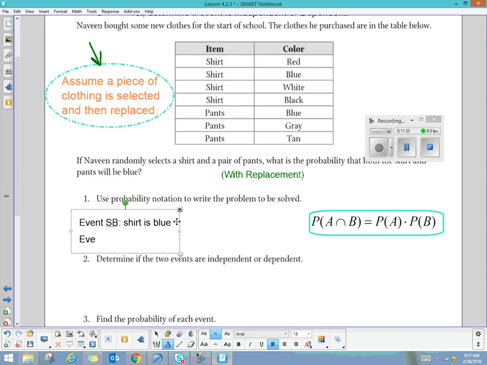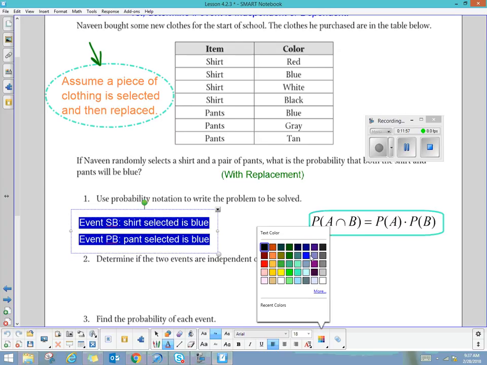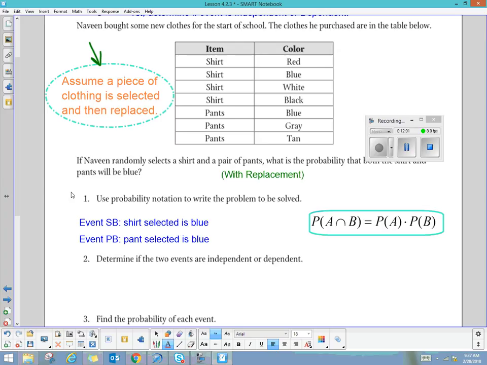Then I'm going to call event PB to indicate that the pant is blue. So that's the notation that I'm going to use. And you know what? Let's keep to the theme. Let's make it blue. Alrighty. Okay, let's talk about part 2.